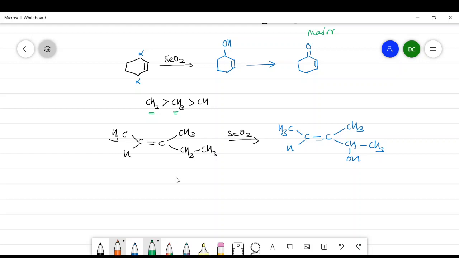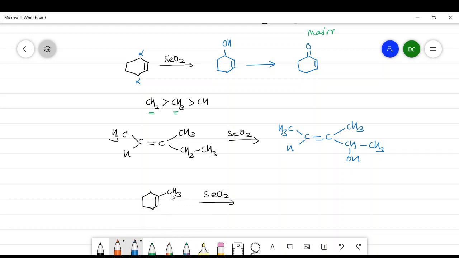In addition to this, if you consider a structure like this, a cyclic structure, and here there is a double bond and it possesses a CH3 group. This is the typical example from which you can understand the various characteristics of the SeO2 oxidation.